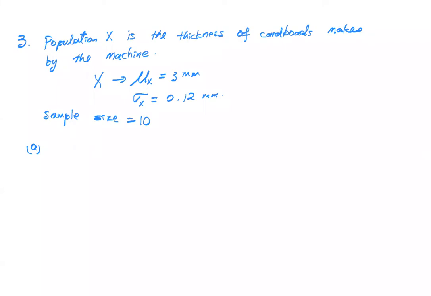So for part A, whatever is given in part A is the value of a sample. This is a sample. So when you count the sample mean, this is a sample mean. One particular sample. So that particular sample, what is the mean?